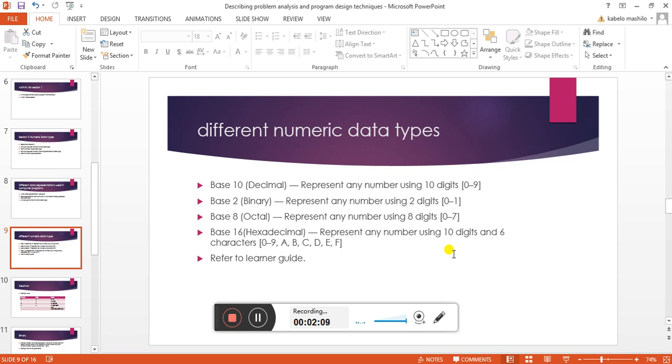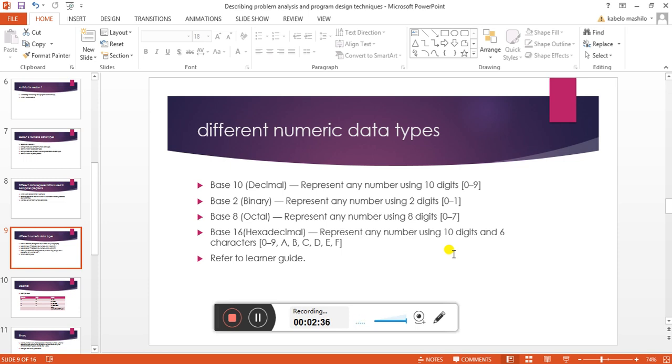And we've got octal, which is a base 8, which represents any number using 8 digits, counting from 0 up to 7. And lastly, we've got hexadecimal, which has a base 16, which represents any number using 10 digits and 6 characters combined, counting from 0 up to 9 and A up to F.